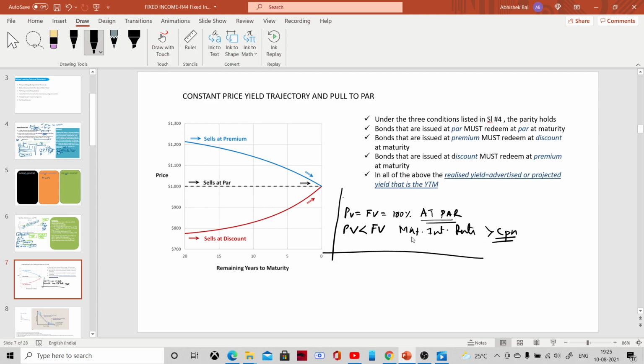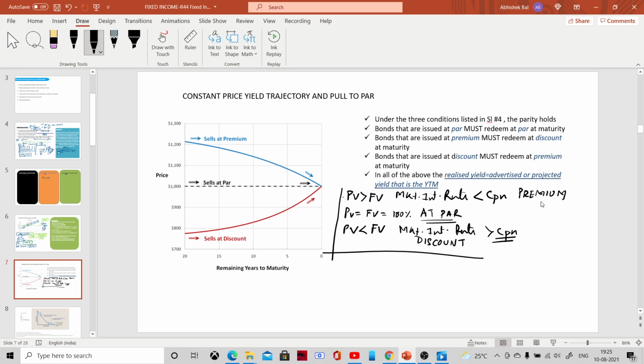In such a situation, the issue is said to have been floated at discount. Similarly, if the present value of the security is more than the face value itself, it happens when the market interest rate is less than the coupon that the bond is paying. Hence, the bond will be valued more and the bond is said to be issued at premium.